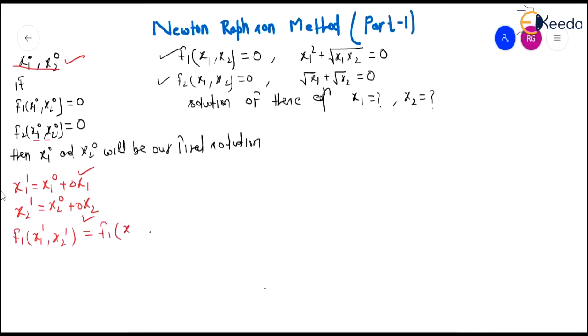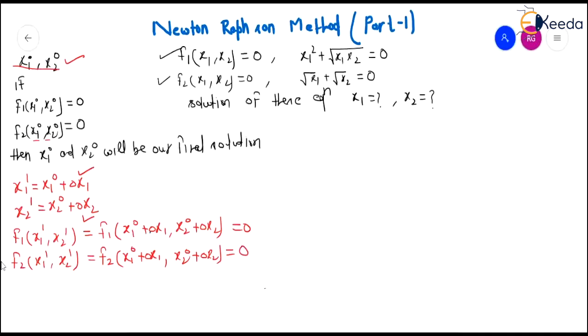If f1 of x1 naught plus delta x1, comma x2 naught plus delta x2 is equal to 0, and same for the second, f2 of x1 1, x2 1 is equal to f2 of x1 naught plus delta x1, x2 naught plus delta x2 is equal to 0, then we are finding out the value of delta x1 and delta x2 in such a way that this value will become 0. So we have these two equations.